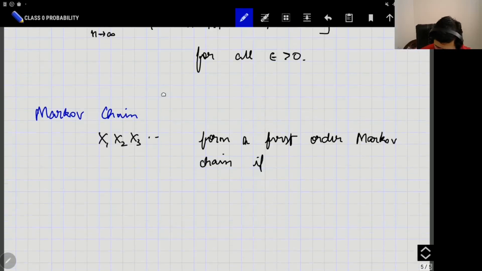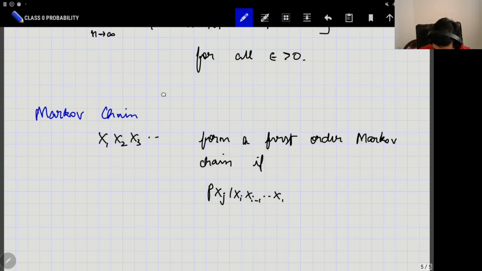So it's a first order Markov chain if, in the simplest case, given xi, xi minus 1, and so on up to x1.